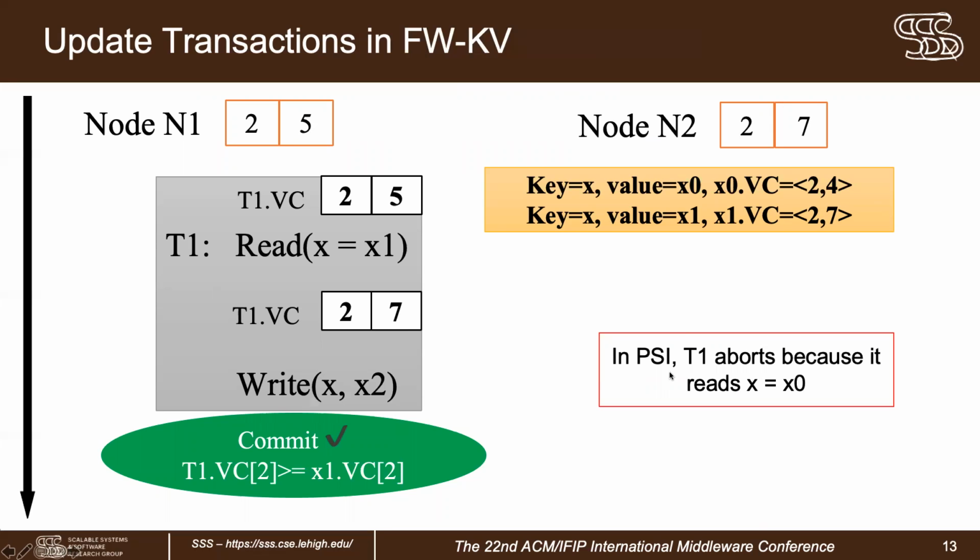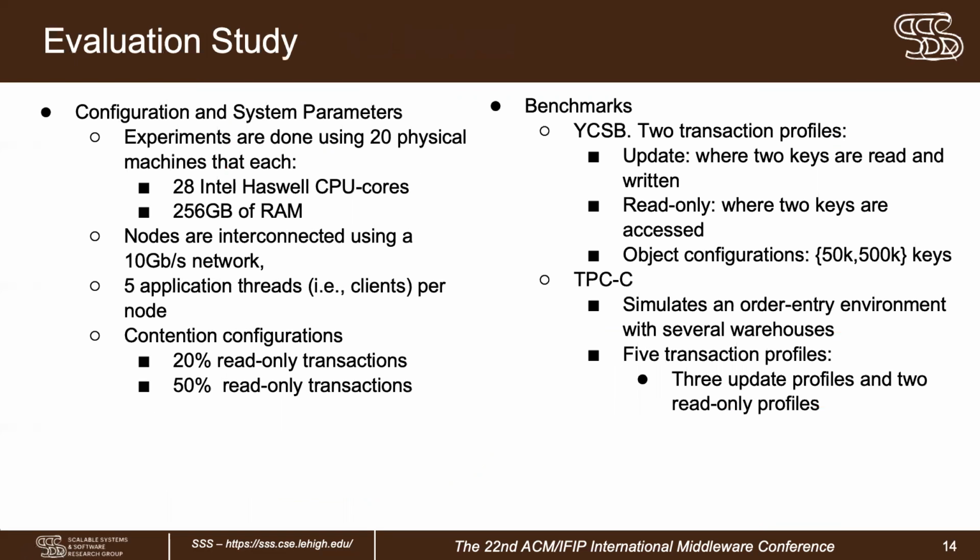In a PSI protocol, T1 aborts because instead of picking X1 and updating its own vector clock, it picks X0. So it aborts instead of committing in a PSI protocol. But FWKV allows T1 to commit.